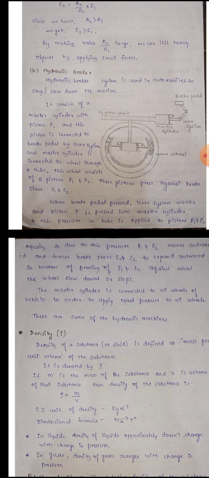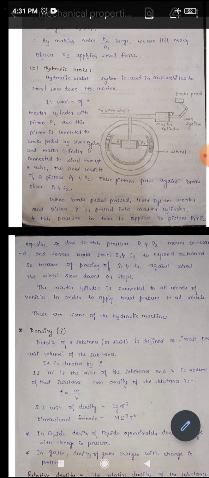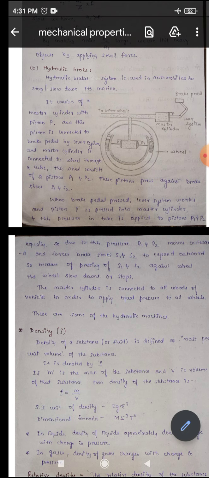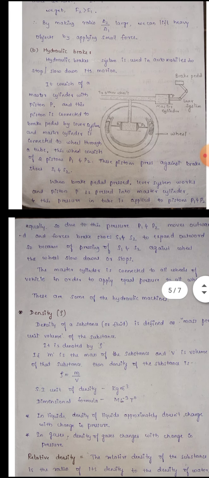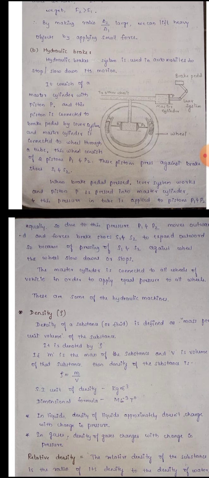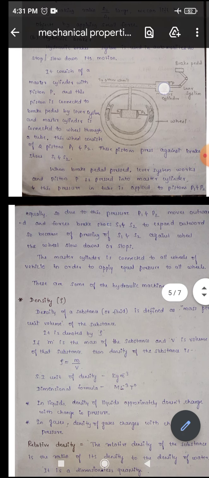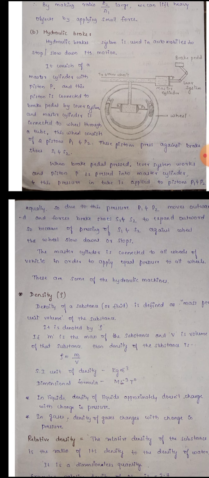The master cylinder's piston is connected to the brake pedal by using a lever system. By using this lever system, the brake pedal is connected to the piston of the master cylinder, and this master cylinder is connected to the wheel.